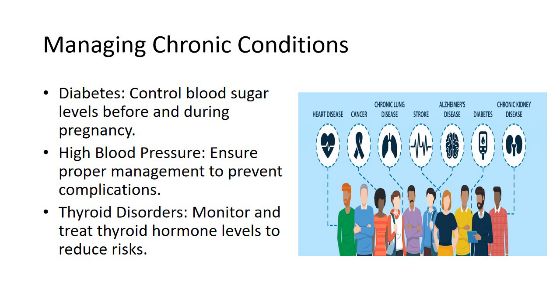Pregnant women should avoid exposure to harmful chemicals and pollutants, including pesticides, lead, and radiation, which can increase the risk of congenital birth defects. Maternal age consideration, prenatal screening for older mothers: women over 35 should consider genetic screening and diagnostic tests such as amniocentesis or CVS, chorionic villus sampling, to assess the risk of chromosomal abnormalities like Down syndrome.